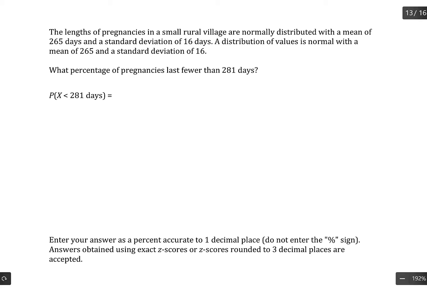Well, we're told that the distribution is normal. So that means the distribution forms a bell-shaped curve. So it might be a good idea to always sketch that out first and indicate the pertinent information. So the mean is 265 and the standard deviation is 16.